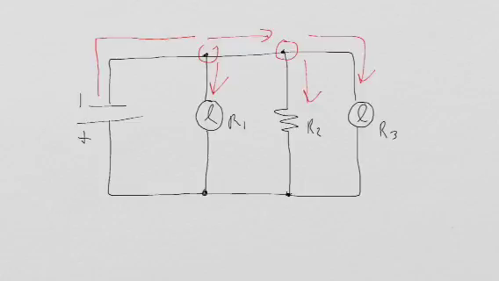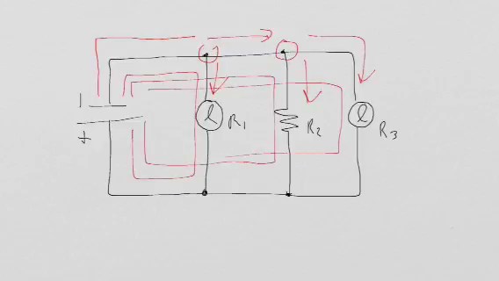So how many possible loops or pathways do we have? We've got 3 possible pathways: pathway number 1, pathway number 2, and pathway number 3.